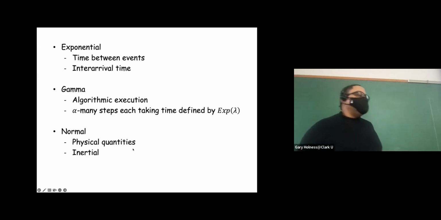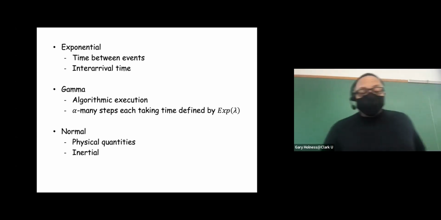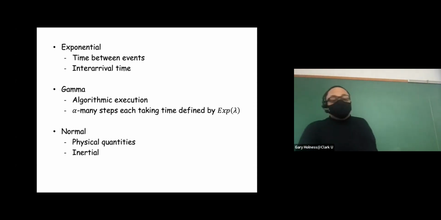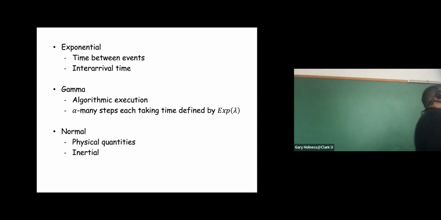We talked about the continuous distributions, and they traffic in real valued quantities, and we no longer have a probability mass function. We have that density function that talks about the proverbial thickness of the peanut butter spread across the support set. We talked about time between events, that's the exponential. Sometimes it's called the inter-arrival time.